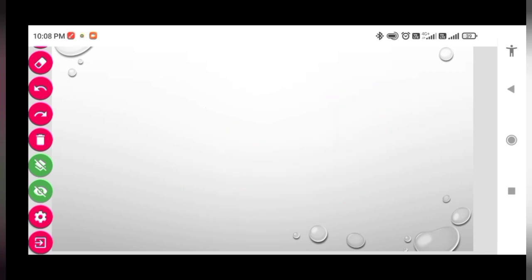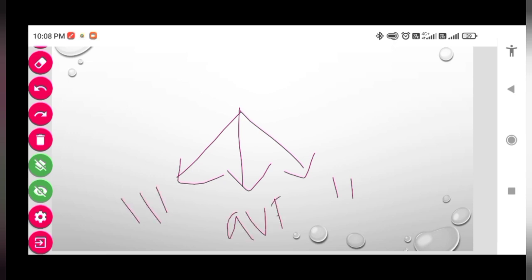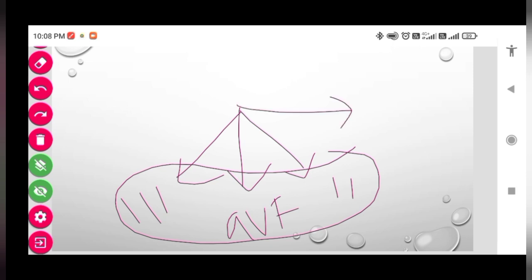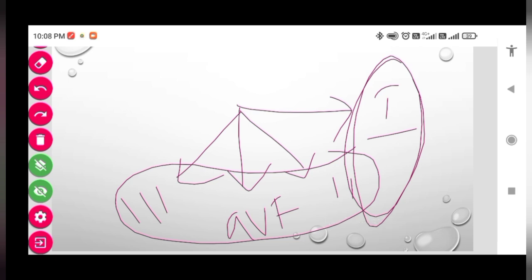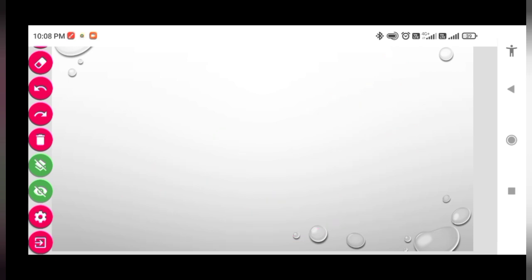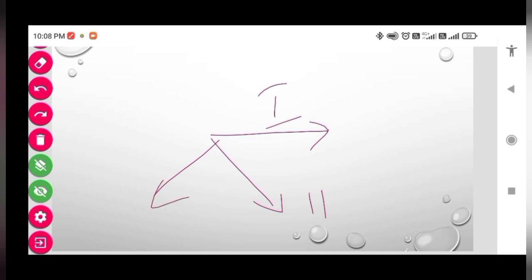Next, as we have already seen, 2, 3 and AVF denote the inferior wall of the heart, and lead 1 represents the lateral wall of the heart. And one more thing you need to observe is that this is lead 1, this is lead 2, this is lead 3, this is lead AVF, right?